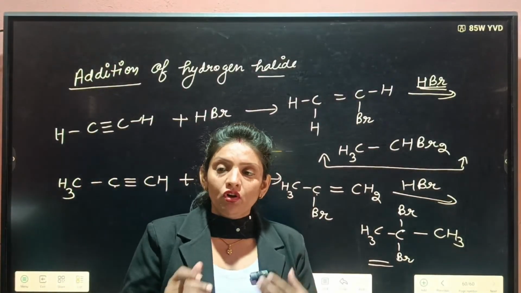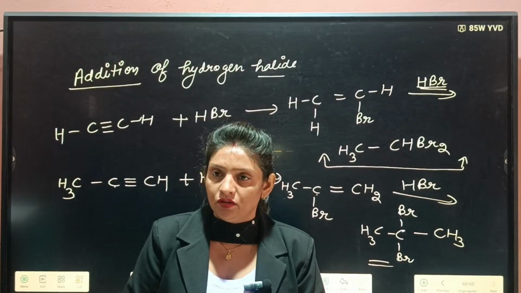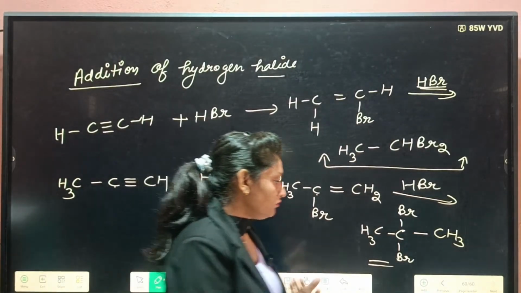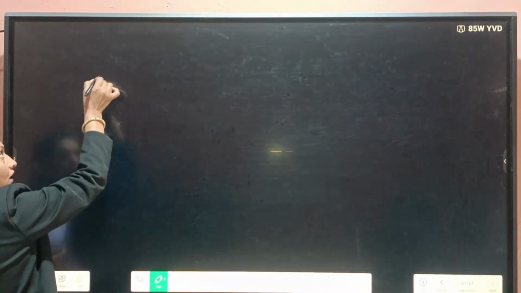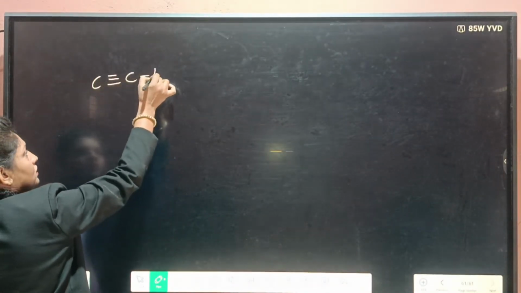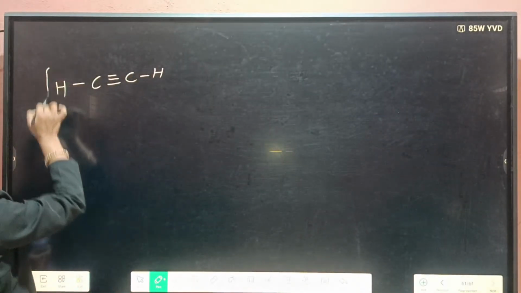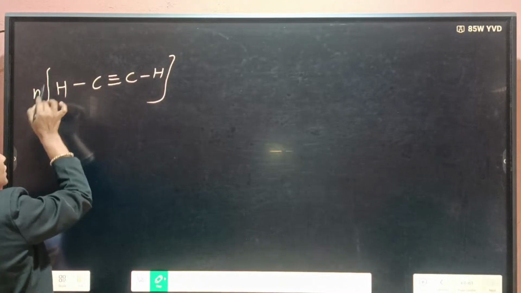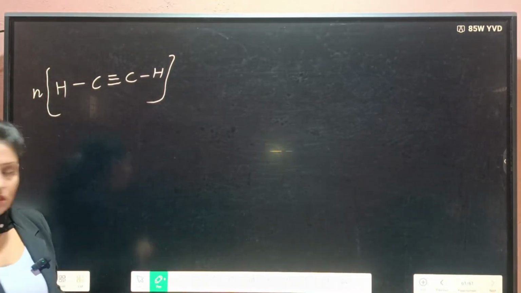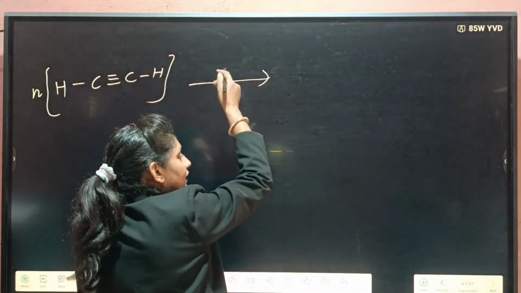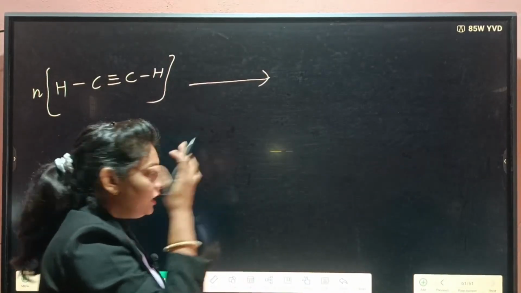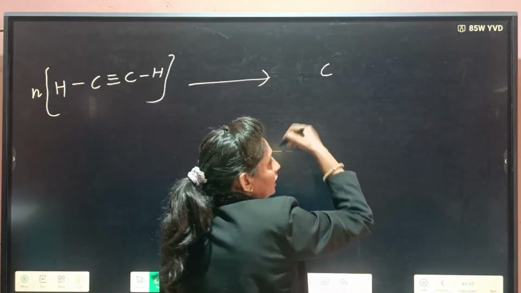Clear? This also shows a polymerization reaction, beta. What was the polymerization reaction? Like this, if you have ethyne, and n molecules of this, you polymerize. At high temperature and pressure it can give polyethylene.